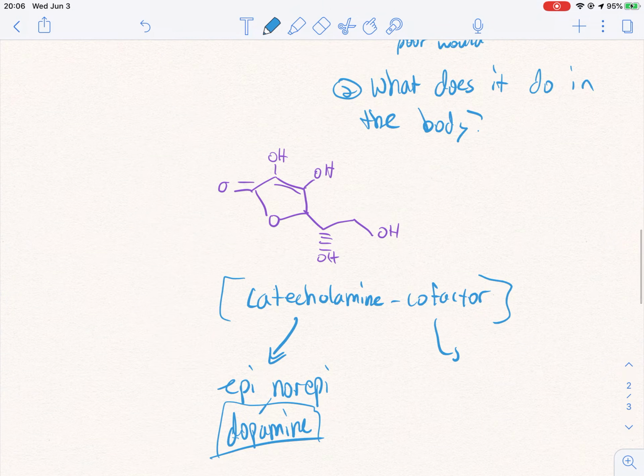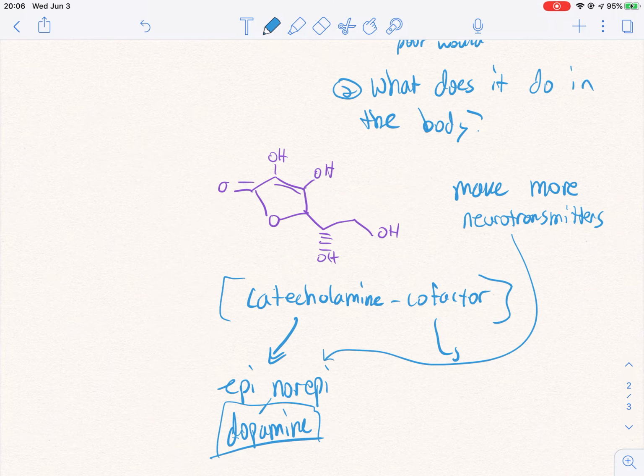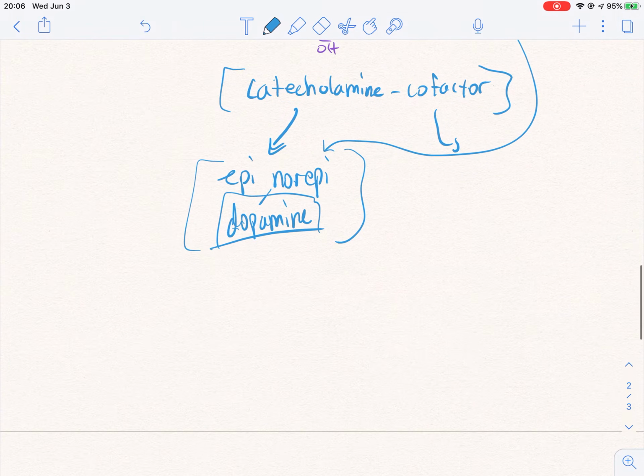So basically, vitamin C allows the body to make more neurotransmitters. In other words, epinephrine, norepinephrine, dopamine. That's the very, very basic definition.